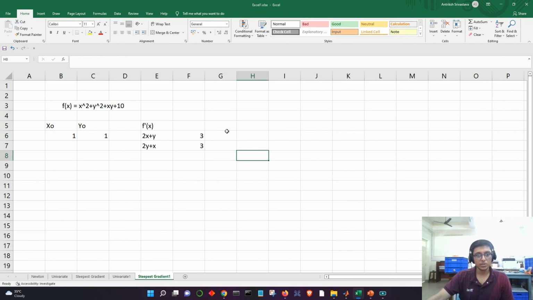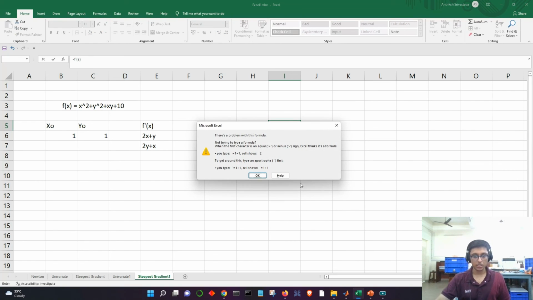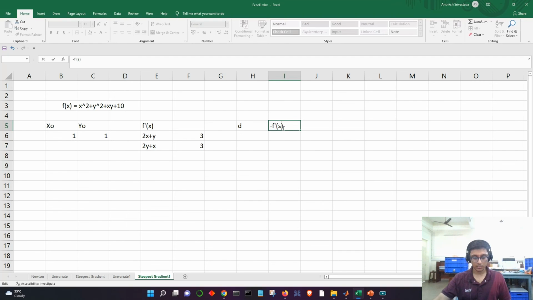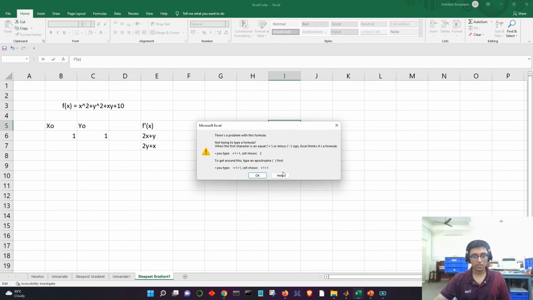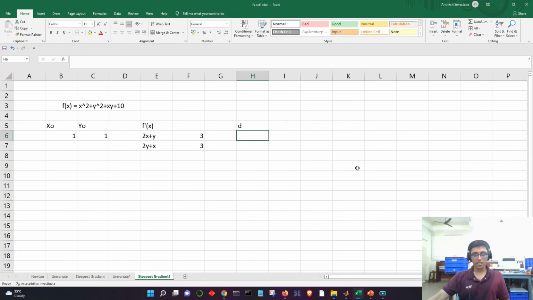So we can take the direction as minus of f dash x, as Manohar has suggested. Let me just not write this. So it will be minus 3 and minus 3, right?